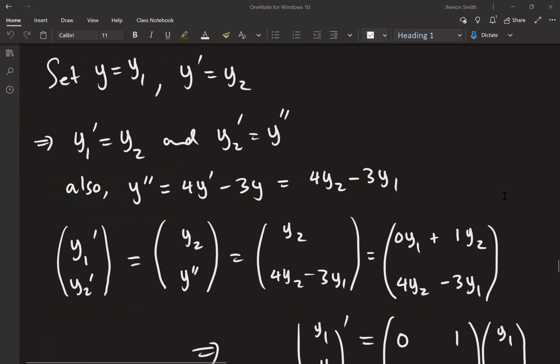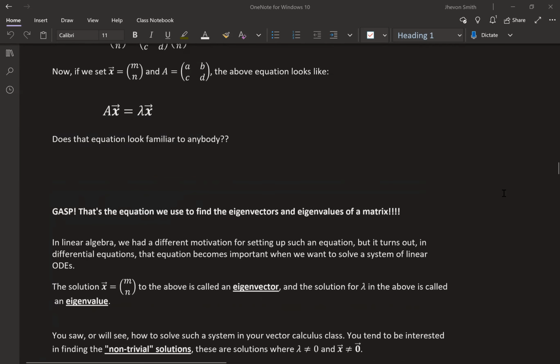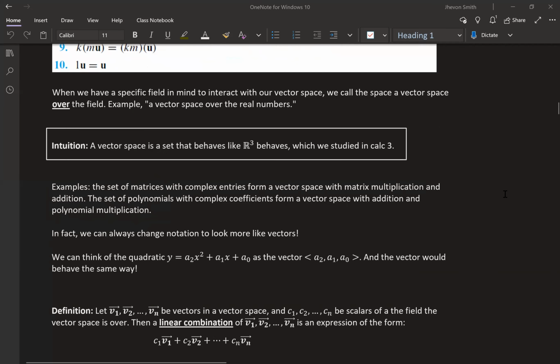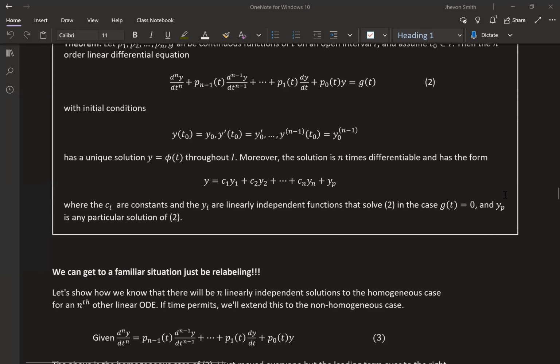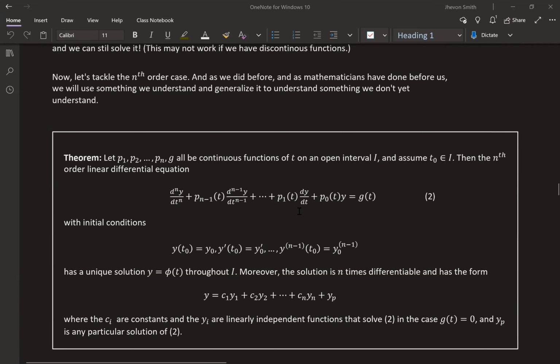And so it turns out whenever we have an nth order linear ODE, and we're given any set of initial conditions, and the coefficients are continuous on some open interval that we're considering, and the initial conditions are at a point in that open interval, then we are guaranteed to be able to find a solution.